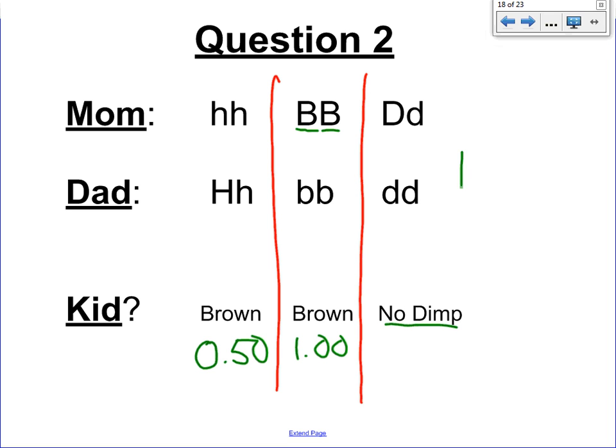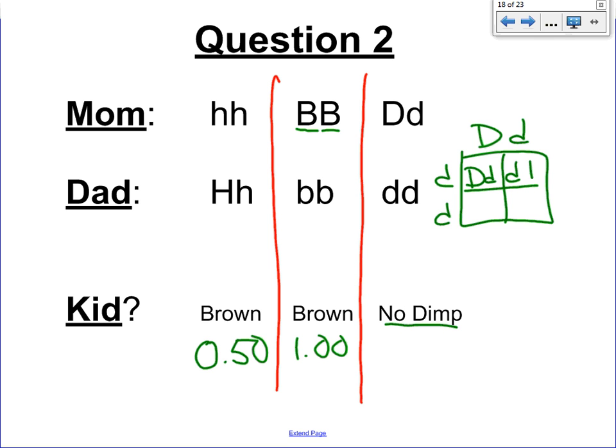If we did this Punnett Square out, what we'd see is that we'd get a big D, little d, big D, little d, little d. And how many of them would have no dimples? Well, remember, we're looking for the recessive, which are these 2, which would be 50%.